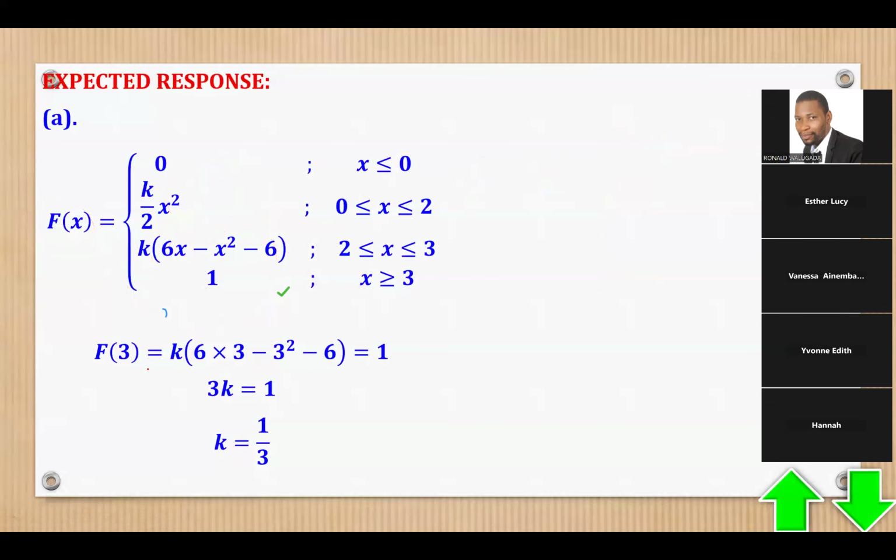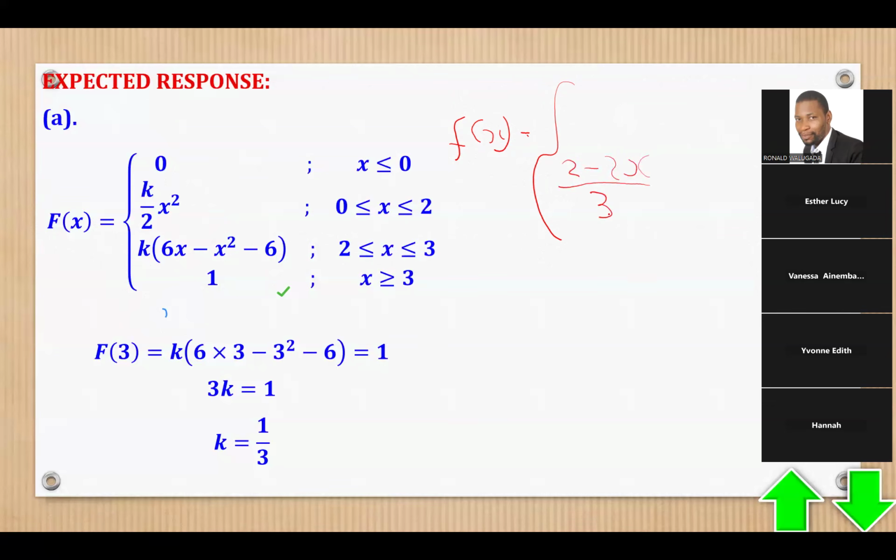2 minus 2x out of 3. Okay, how did you get it?